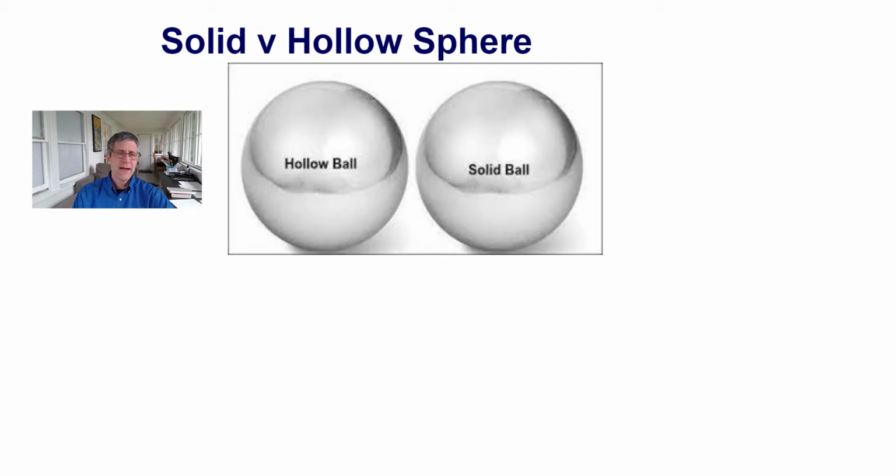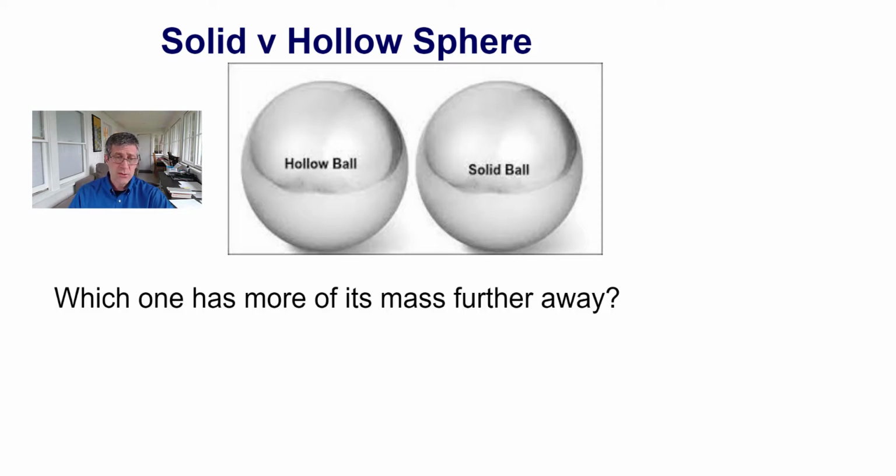Let me think about the hollow sphere versus a solid sphere. So I want to think about where the mass is distributed, and figure out which one has a larger moment of inertia. I want to ask which has a larger fraction of its mass further away. Hopefully you recognize that the solid ball is very similar to my solid disc, where I have some mass that's quite close to the axis of rotation.